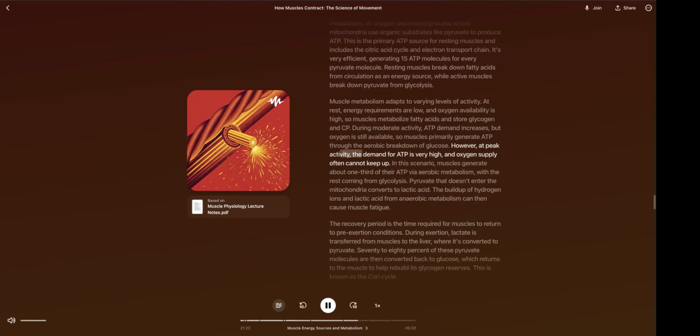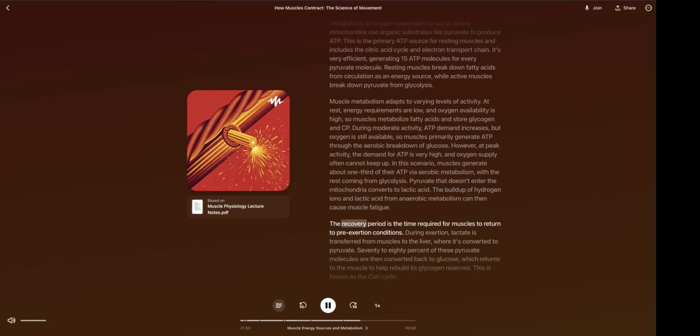However, at peak activity, the demand for ATP is very high, and oxygen supply often cannot keep up. In this scenario, muscles generate about 1/3 of their ATP via aerobic metabolism, with the rest coming from glycolysis. Pyruvate that doesn't enter the mitochondria converts to lactic acid. The buildup of hydrogen ions and lactic acid from anaerobic metabolism can then cause muscle fatigue.